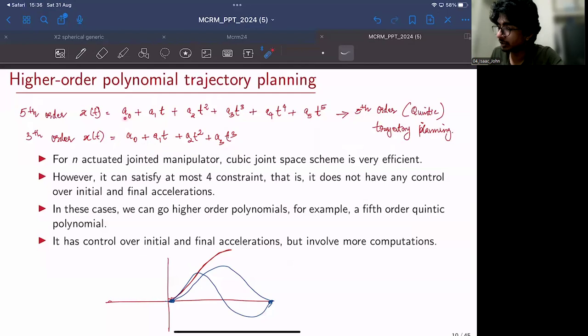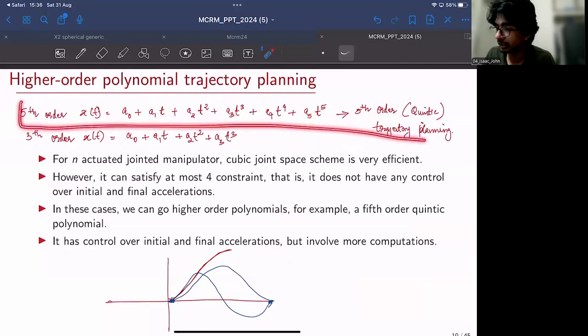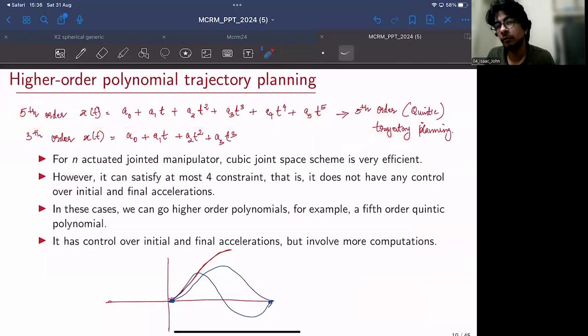But in case of a quintic, we have control over acceleration. If you desire your acceleration to start from 0, you can force that specification onto the quintic trajectory planner. Or if you want to start your acceleration at a desired value, you can also do that through the specification.